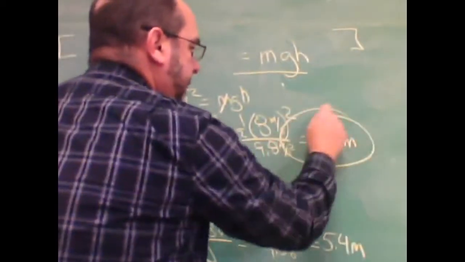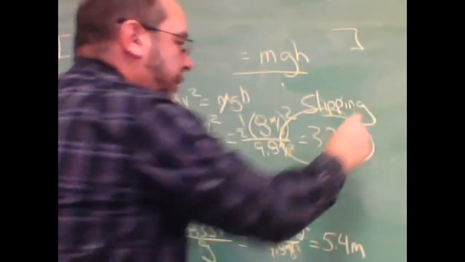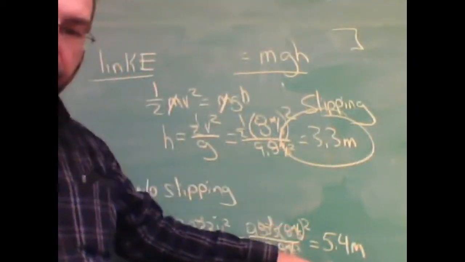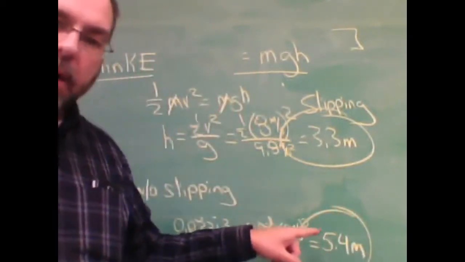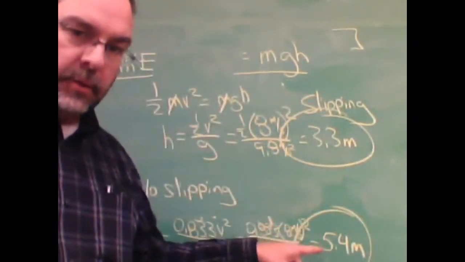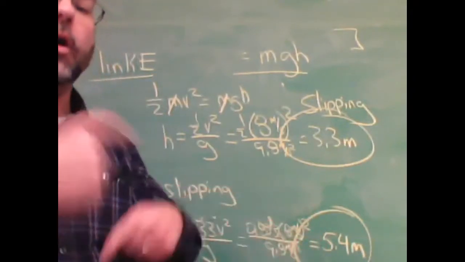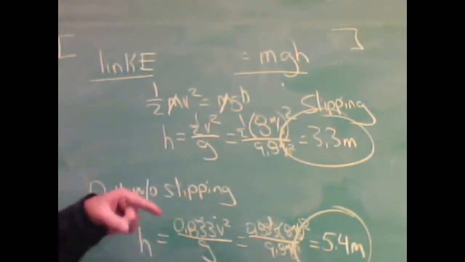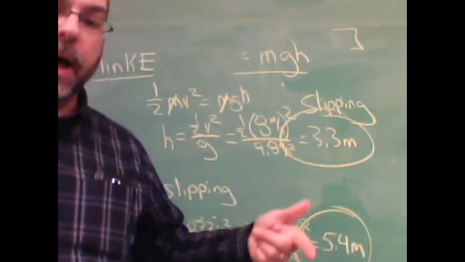So slipping, or throwing it straight up, doesn't go as high as if it was rolling. But the fact of the matter is that when it was rolling without slipping at 8 meters per second, it already had more energy because it had both linear kinetic energy and rotational kinetic energy combined.